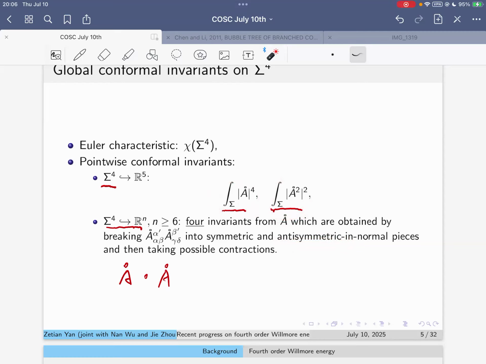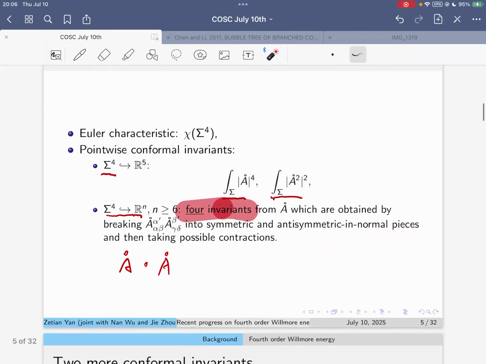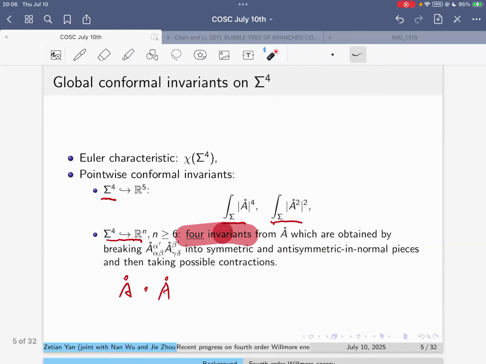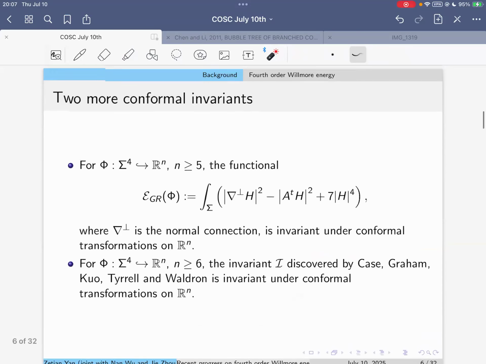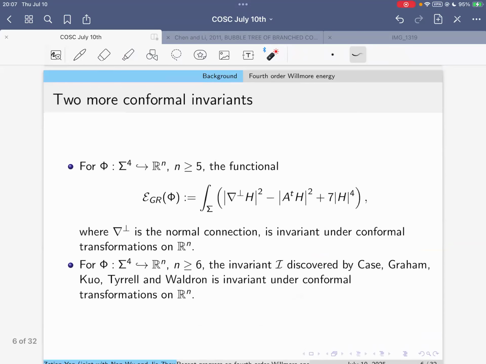So you will have four invariants in the higher codimension case. So on this page, you will find that all of these global conformal invariants, in some sense, are trivial. And there are two more non-trivial conformal invariants. First, this one, I call it the Rubin-Grimes energy.